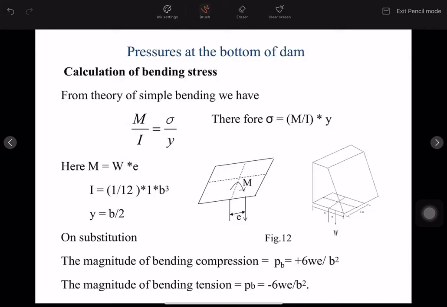Next is calculation of bending stress. So from the theory of simple bending, M by I equals sigma by Y, where sigma is the bending stress, M is the moment, I is the moment of inertia, and Y is the distance from the extreme fiber to the centroid.